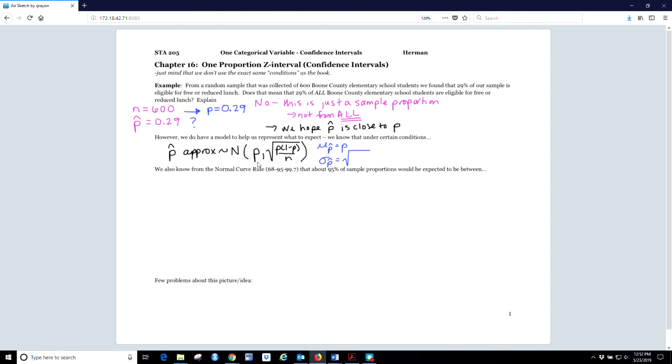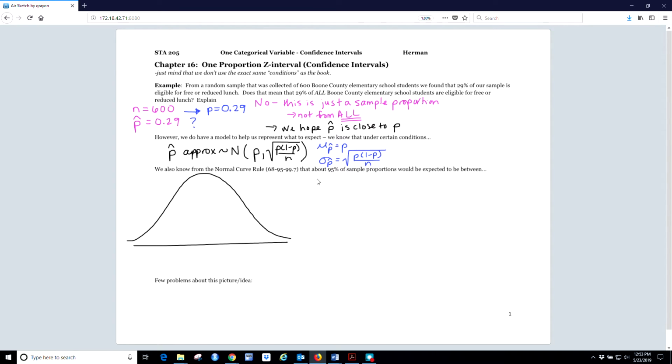Just a reminder that the mean of p hat is p, and the standard deviation of p hat is that square root piece. We also know from the normal curve rule, or the empirical rule, that about 95% of our sample proportions should be within, well, let's look at that picture again.